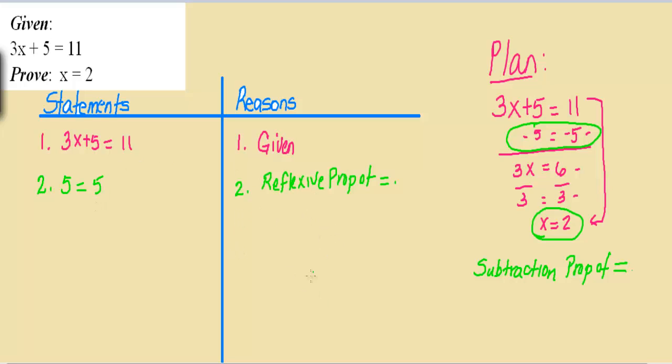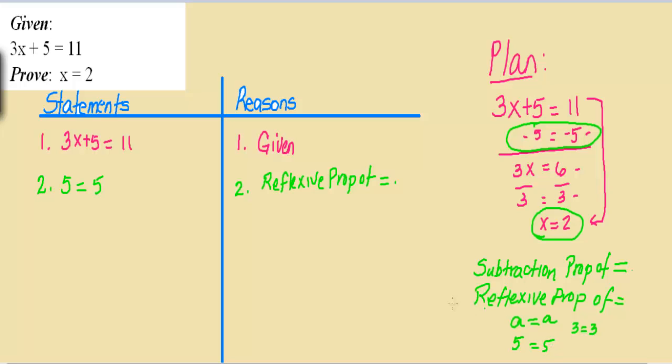The reflexive property of equality says that A is equal to A, or 5 is equal to 5, and 3 is equal to 3, and you are equal to yourself. That is the reflexive property of equality. It's evidence that a number is equal to itself.